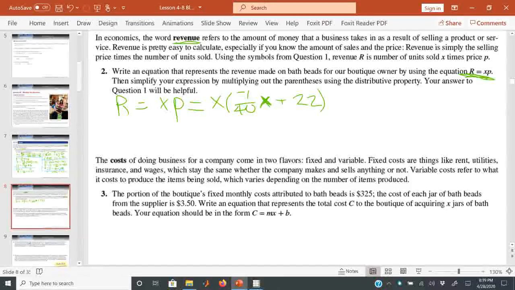So that says I'm going to take my first equation, negative 1 over 40 times x plus 22, calculate my price, and then I'm going to multiply it by x. So now I have an equation for revenue where I have all of that in one equation. I don't have an equation for p and then an equation for R where I plug in p. I've plugged in the expression for p.